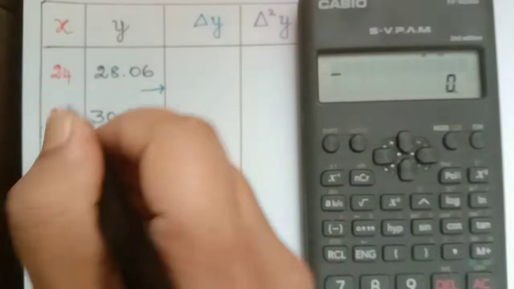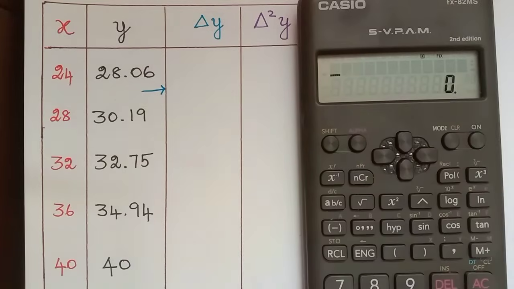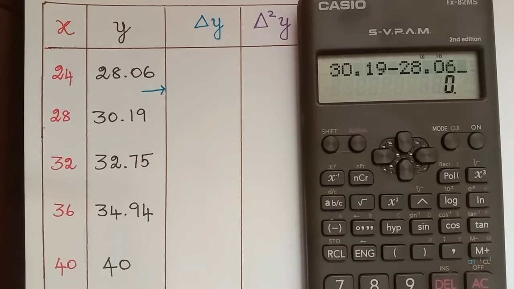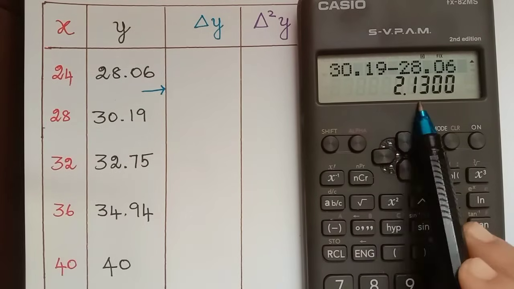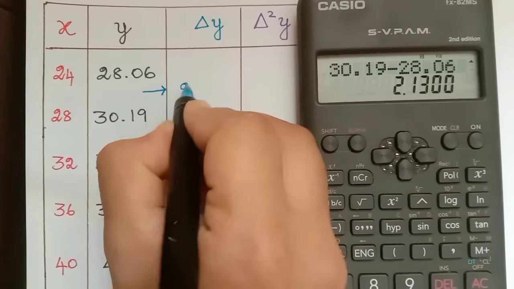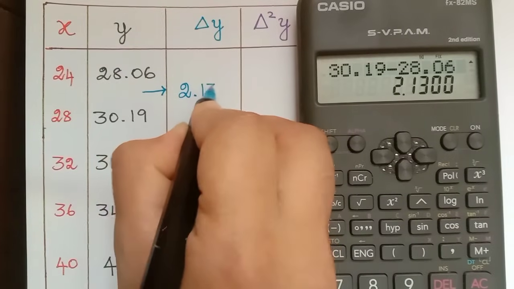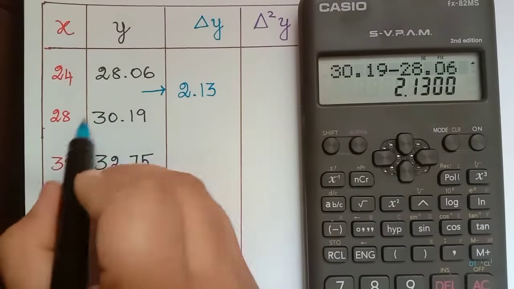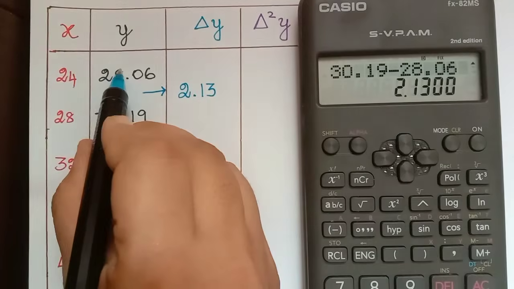So I will show you here in the calculator. 30.19 minus 28.06, and so what is that value? 2.13. So that value we have to enter here. So 2.13. So for the second value minus the first value we have to do.